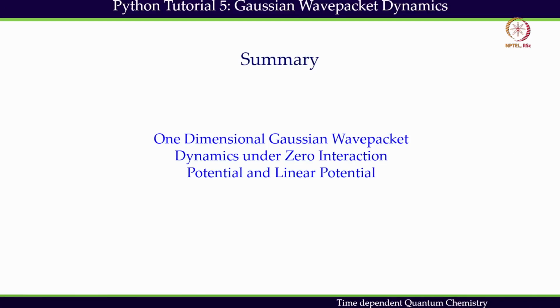We have implemented this split operator approach in Python programming for zero interaction potential and linear potential. And we have seen how to plot the mean position and the width of the wave packet as a function of time.